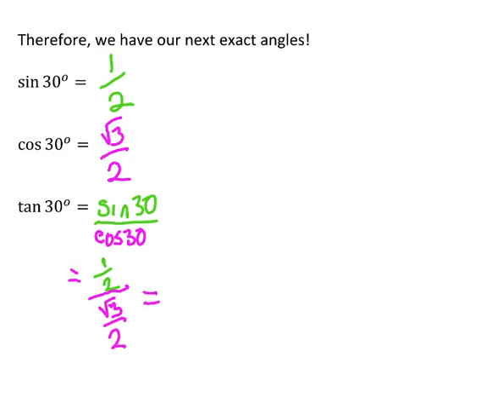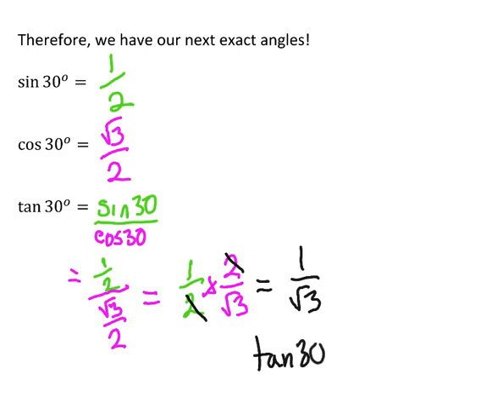So you'll want to keep the top fraction the same, so the half stays the same, but take the bottom fraction and flip it when we multiply, right? So that becomes 2 over root 3. And notice that the 2's will cancel out here, and we get 1 over root 3. So that means tan of 30 degrees is equal to 1 over root 3.